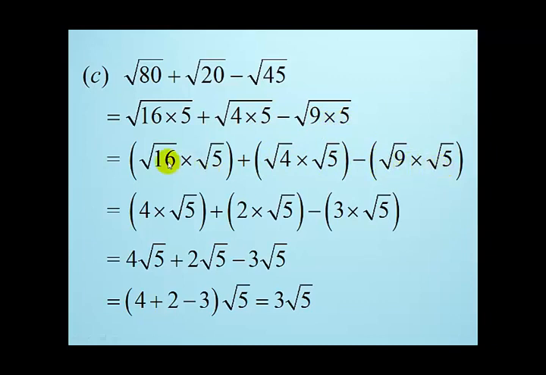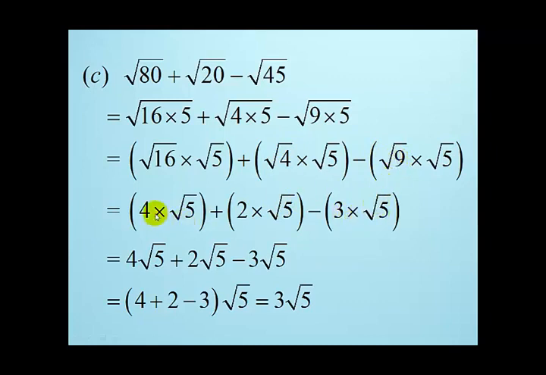Now because 16 is a perfect square, when we take the square root of 16, the answer is 4. So we have 4 times root 5. 4 is also a perfect square, so when we take the square root of 4, the answer is 2. So you have 2 root 5. Now the square root of 9 is also 3. So you have 3 times root 5.